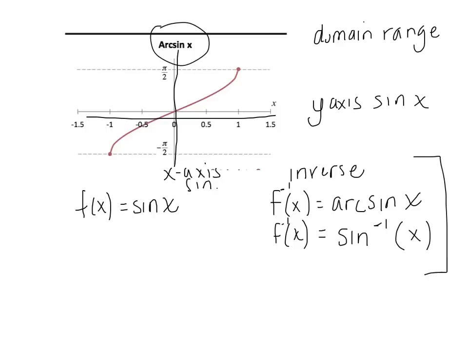So you'll notice now that this y-axis has the angles, and the x-axis has the values. What was the domain is now the range. What was the range is now the domain. Okay, so that's what this looks like. We're still going from 1 to -1, but we're going from negative pi over 2 to pi over 2.